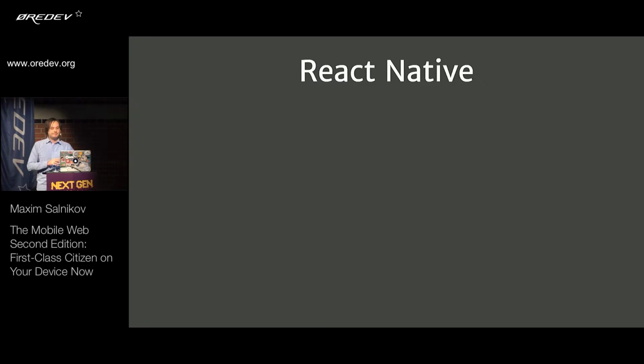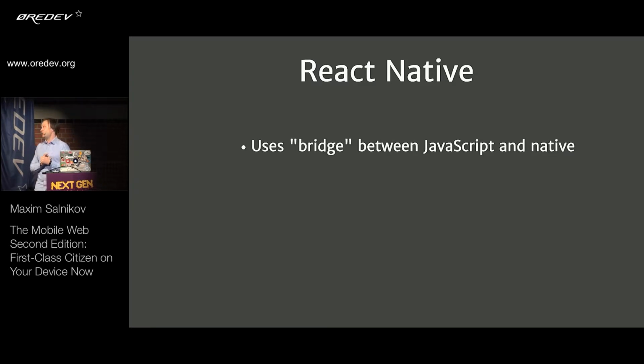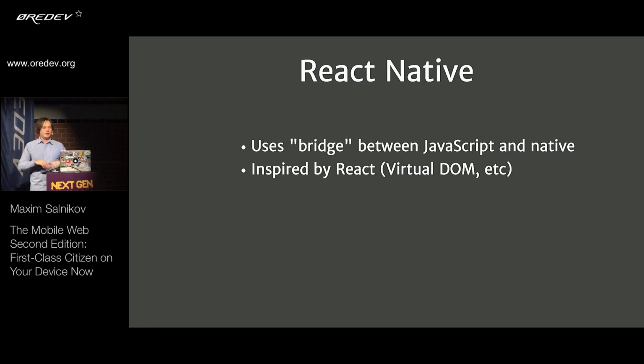Main features. We have a so-called bridge between our JavaScript code and all native UI layers. It's inspired by React, but of course we can't say that this is React.js. Thanks to its architecture, we can do two really amazing things.